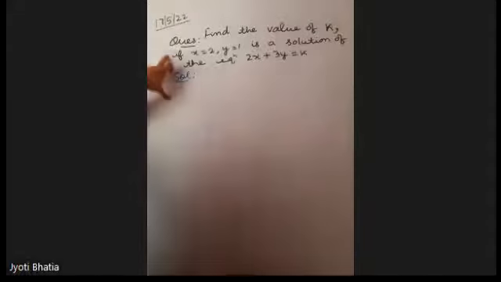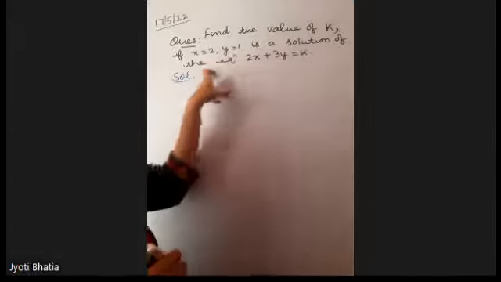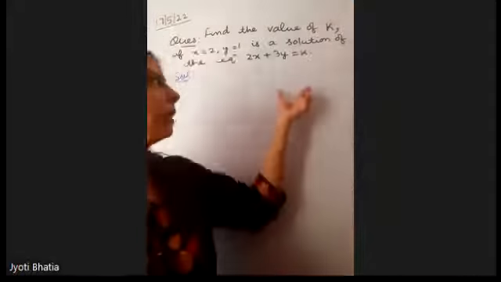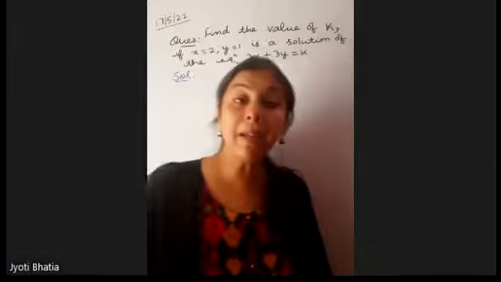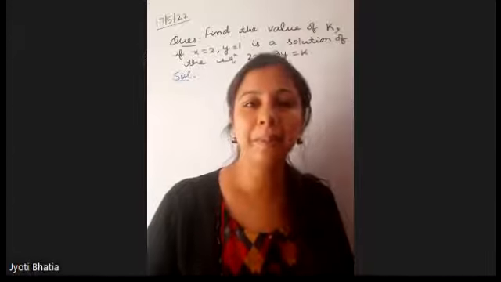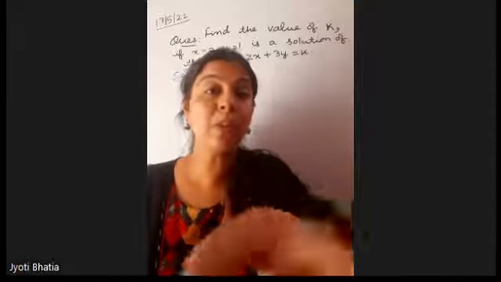Nimish, find the value of k if x equal to 2, y equal to 1 is a solution of the equation. We are already given that x equal to 2 and y equal to 1 is a solution. Being a solution, it has to satisfy the equation.